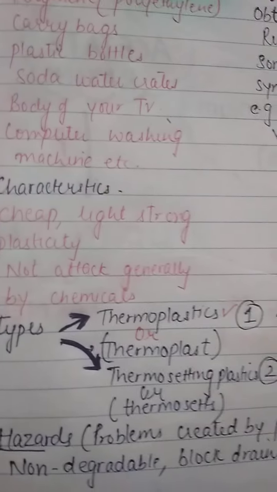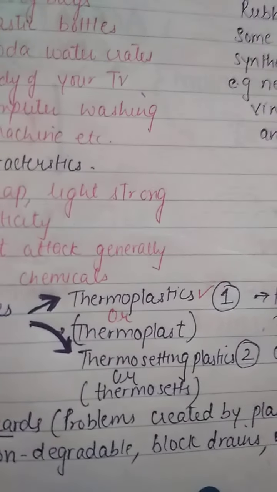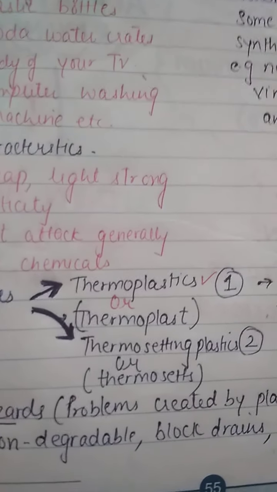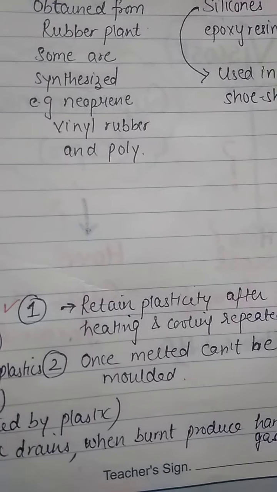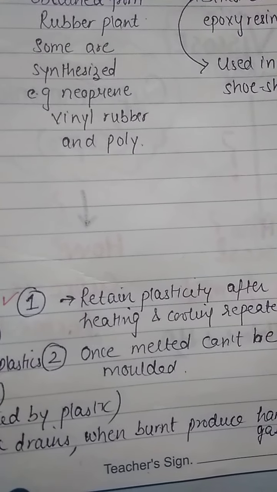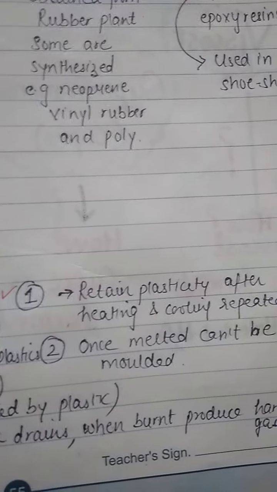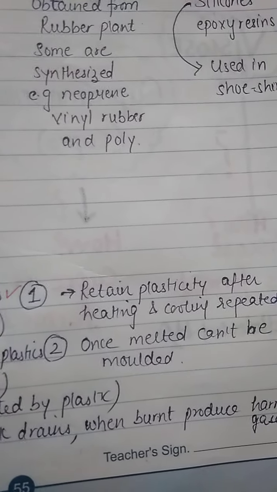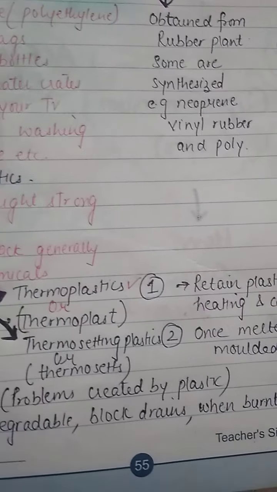Then there are the types of plastics, which are based on their behavior towards heat. They are divided as thermoplastics, also called thermoplast, and thermosetting plastics, also called thermosets. So now what are thermoplastics? If you heat a plastic repeatedly and then cool it, heat and cool, and the plastic retains its shape again, this is called a thermoplastic.